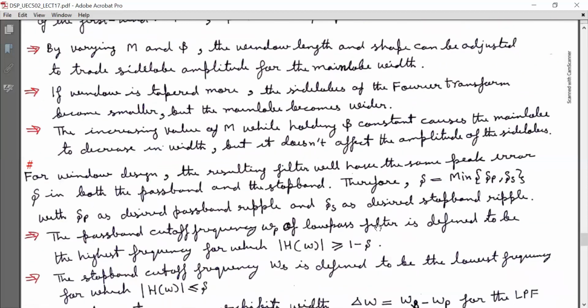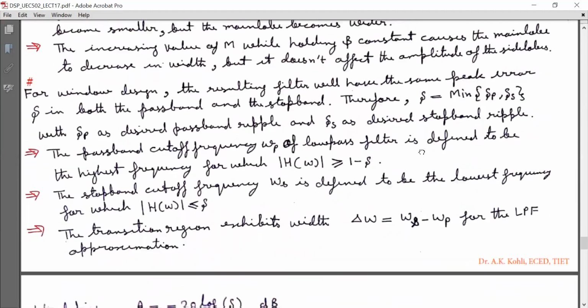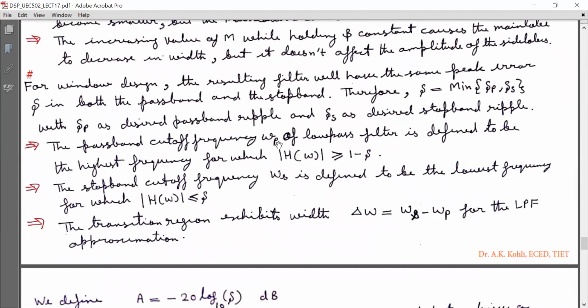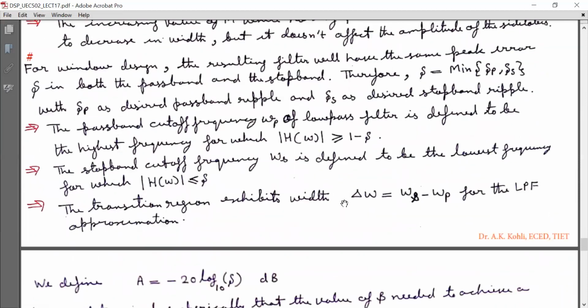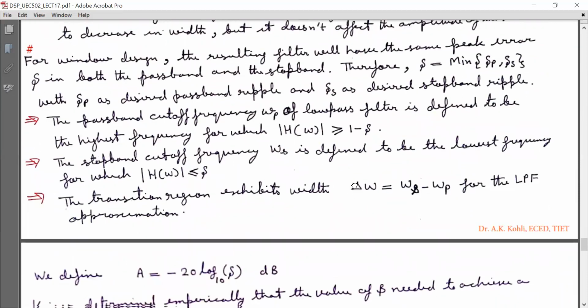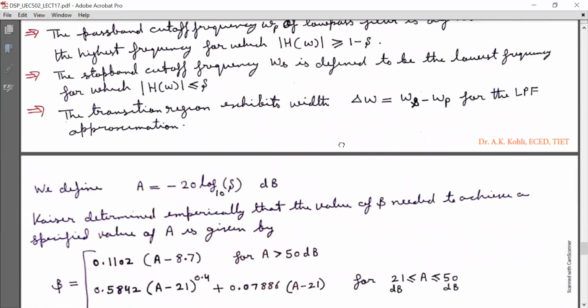And in the design, you need to be careful about the choice of delta, that is the minimum of delta P or delta S. You need to know omega P, the passband edge frequency, omega S, the stopband edge frequency, and delta omega for the low pass filter approximation.